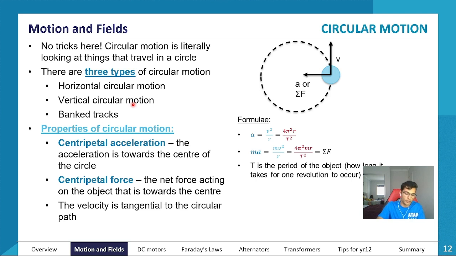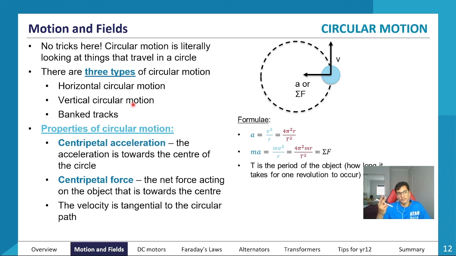Cool. We'll do a quick review of circular motion. Circular motion is quite literally things going in circles, right? And there are three types of circular motion questions that we come across. First is horizontal circular motion, which is anything like a car going around a roundabout.